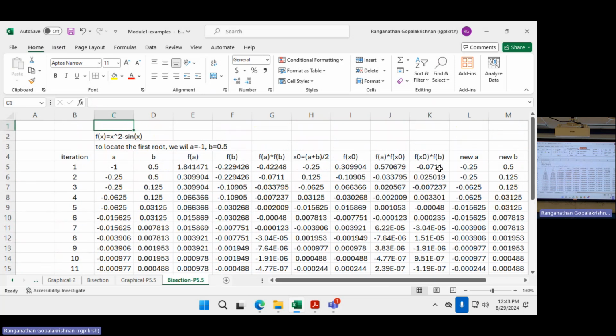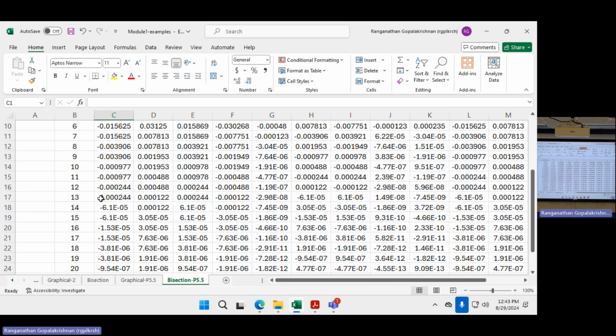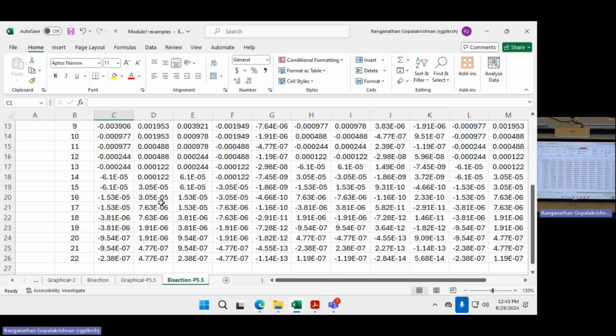Okay, so this is interesting. Where is this headed? After 22 iterations, you get a equal to minus 2.2 times 10 to the power minus 7 and b equal to 4 times 10 to the power minus 7. Where is this going?